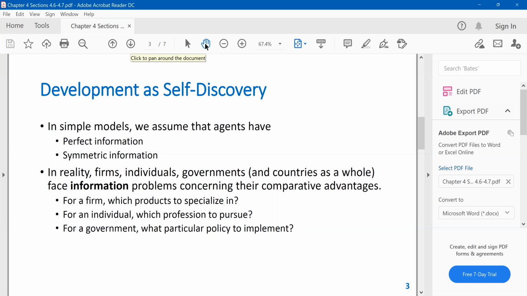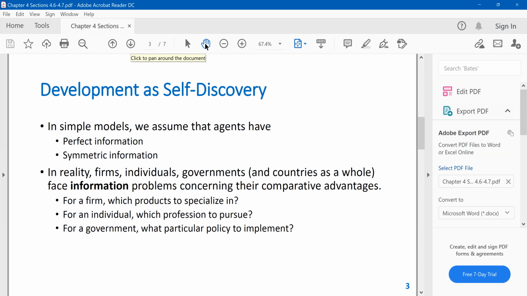So once we introduce such information constraints and think about the constraints on growth or entrepreneurship or investment, then firms and the people and the government keep asking questions. Where is my comparative advantage? Okay. Now here we have a couple of examples.